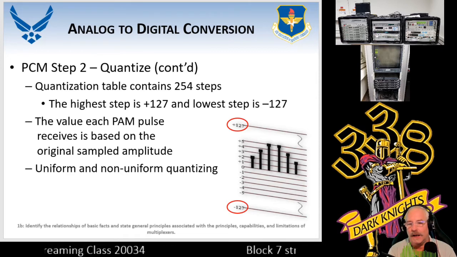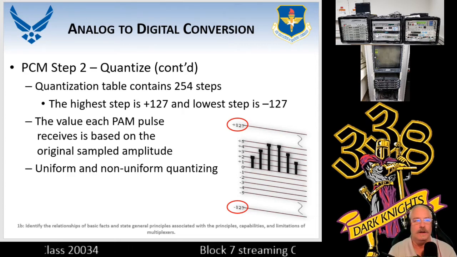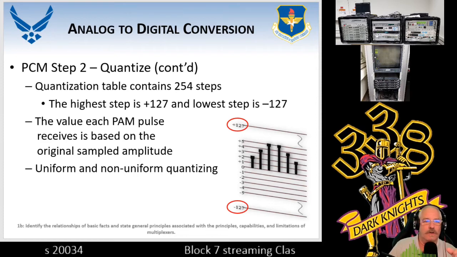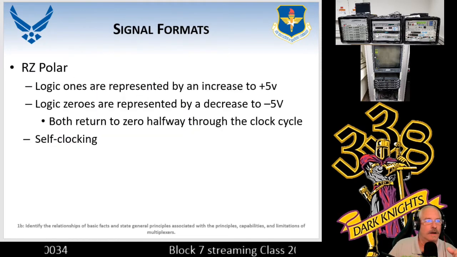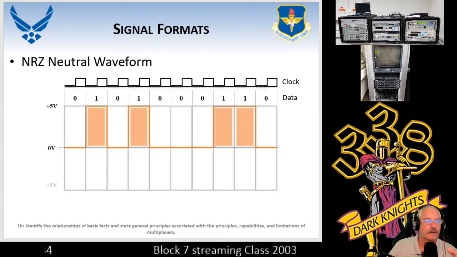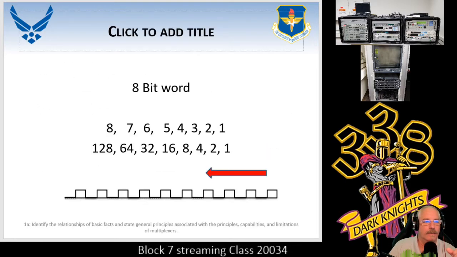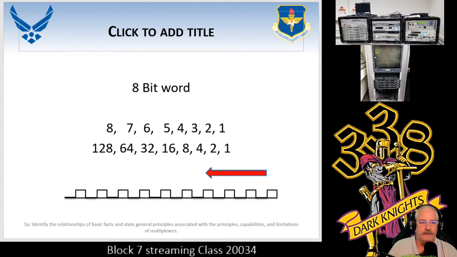What's the calculation of an 8-bit code or 8-bit word? Well, let's take a look. Let's go all the way back up to our area where we had that 8-bit word. And there you have it. There's 8 bits, 1 through 128.